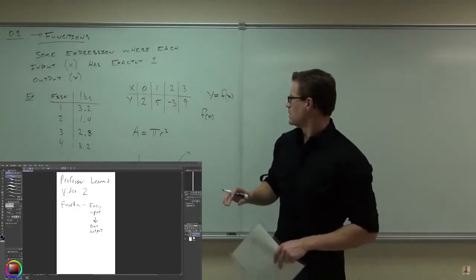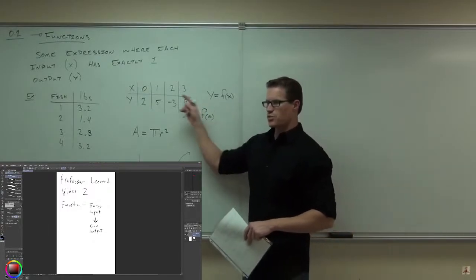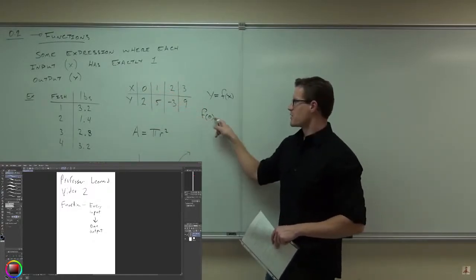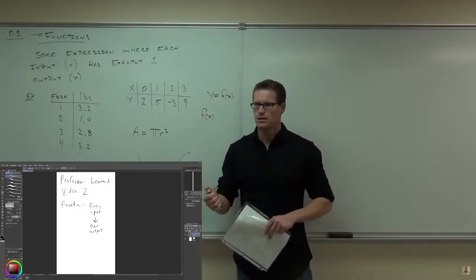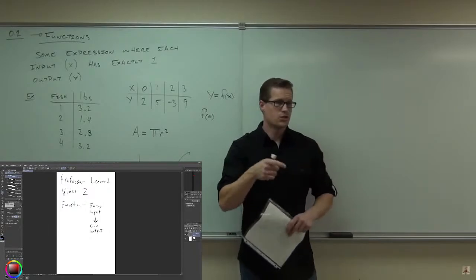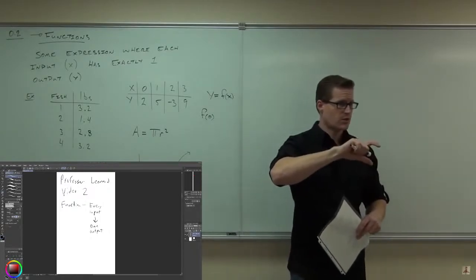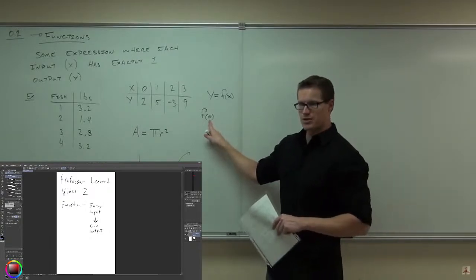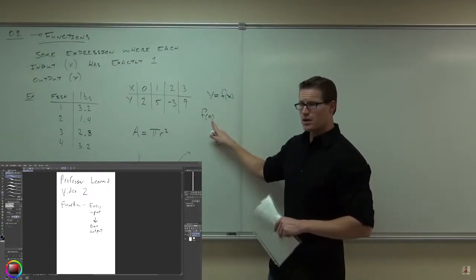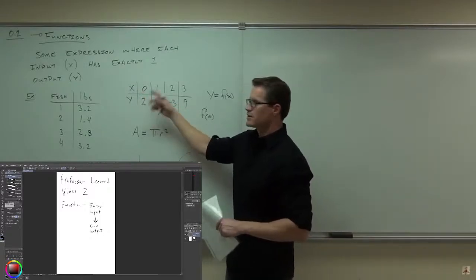It would mean, if y is f of x, it says y is a function of x, and I'm asking for f of 0. Can you tell me what f of 0 is in this case? Okay, it is how much? 2, because you go over to the input of 0 and look up the output for that particular input. Remember this is f of x, right? So go to your x, go to 0, tell me what the output is. Oh, it's 2.